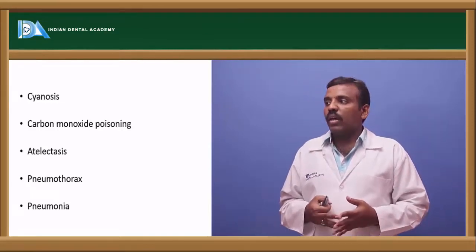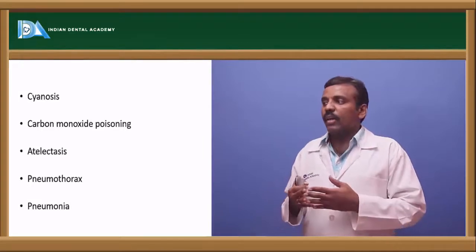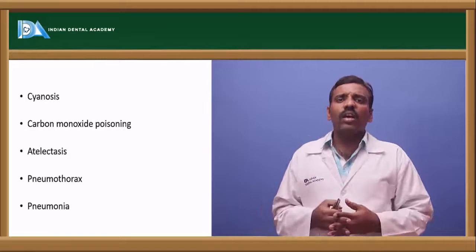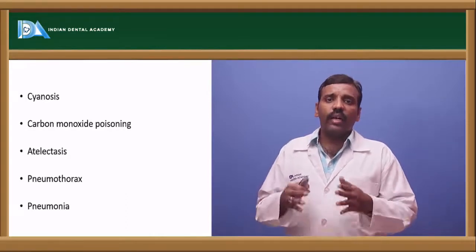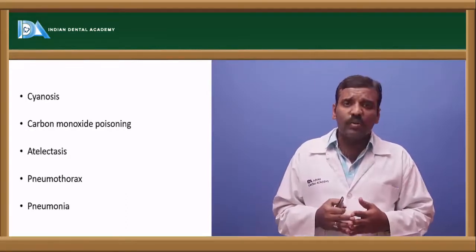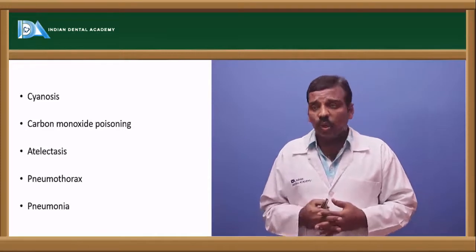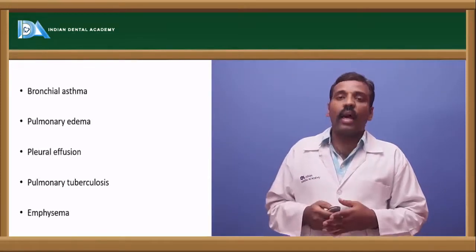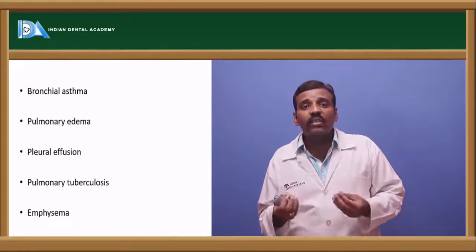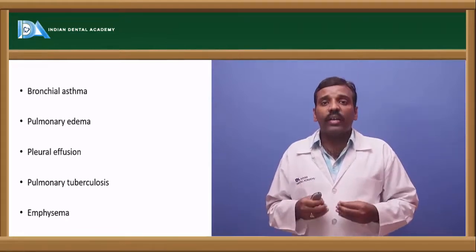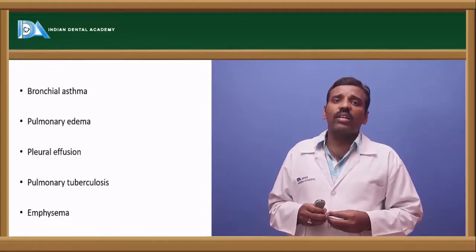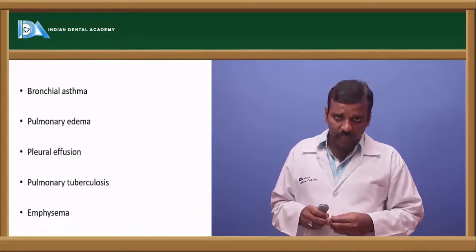And next one is atelectasis, and next pneumothorax, that in the sense the effusion of the pleural fluid and by that there is an infection to the lungs is called pneumothorax. And next one is pneumonia and bronchial asthma, where the fluid is present in the bronchi and then there is disturbance in the respiration, called bronchial asthma.